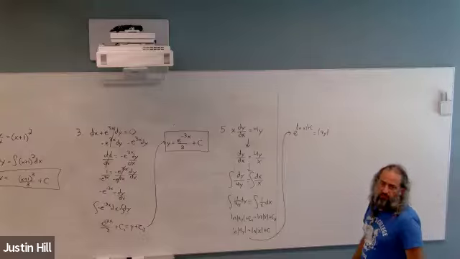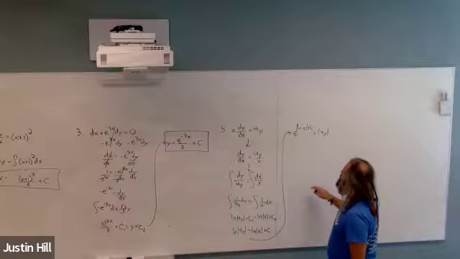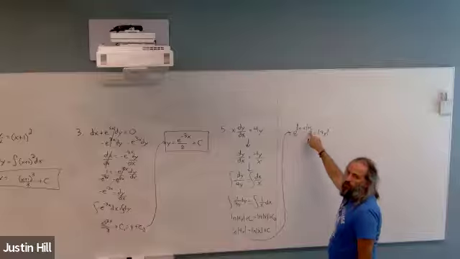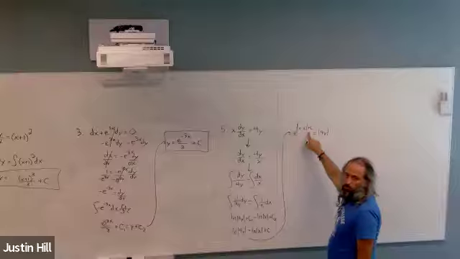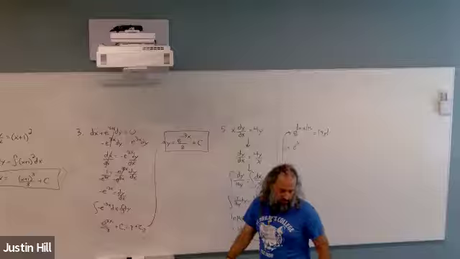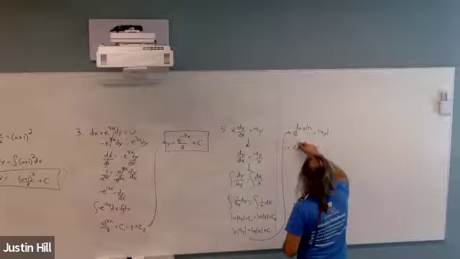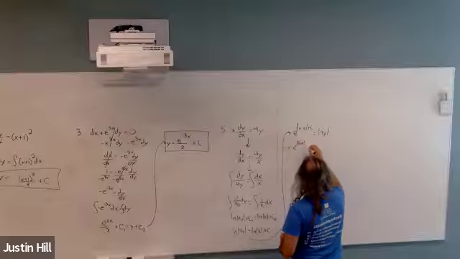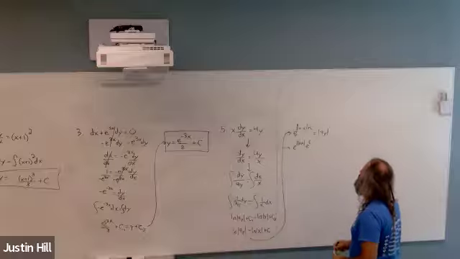And then what we're going to do here is use some properties of exponents we know. Notice here you have e raised to a power plus another power. We know that with exponents, we add powers when we multiply. So we can rewrite this as e to the absolute value of natural log of x, times e to the c power.